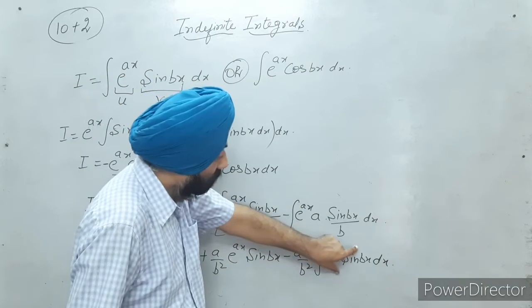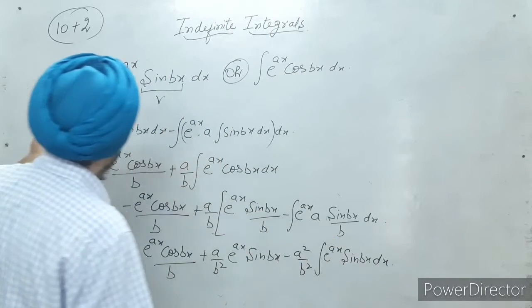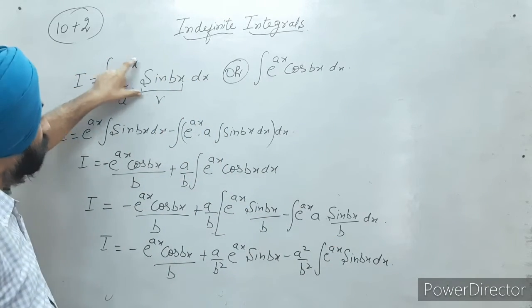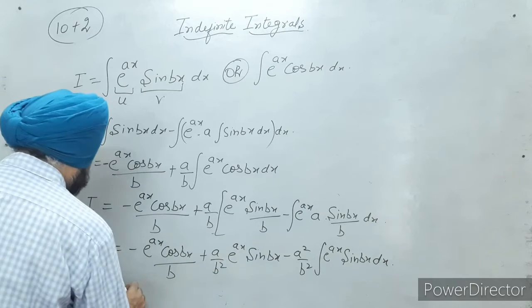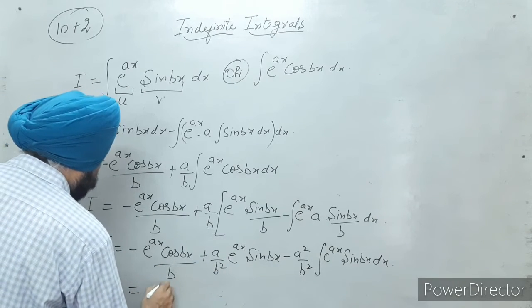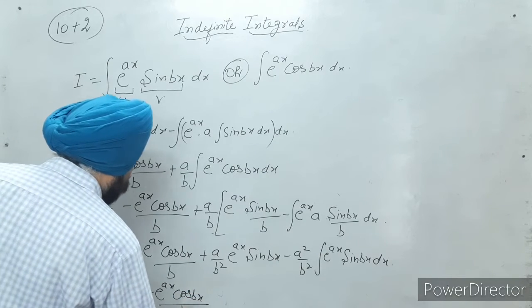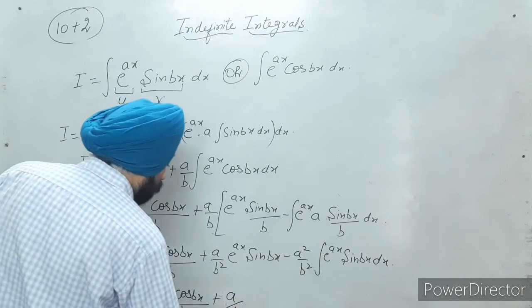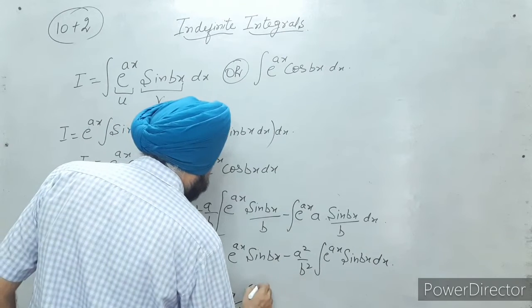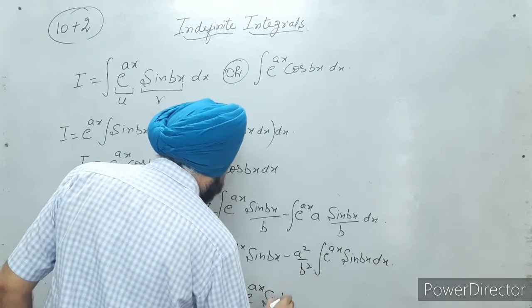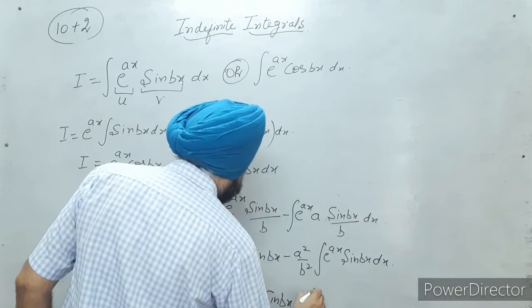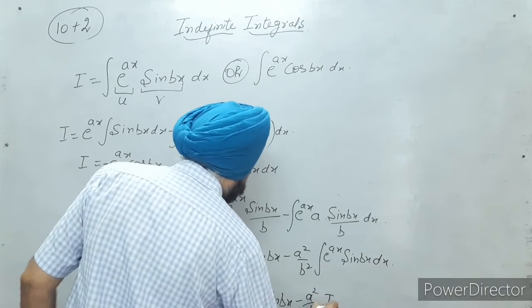This is I from where we started. I equals e^ax sin bx. So I can write this as minus e^ax cos bx upon b plus a upon b square e^ax sin bx minus a square by b square into I.